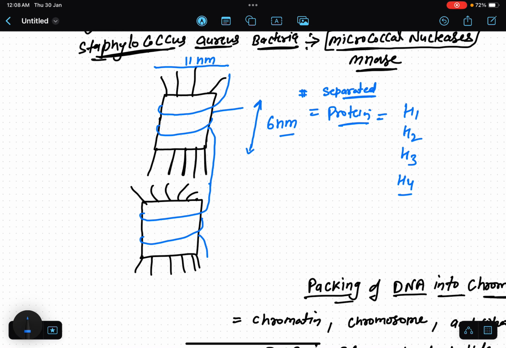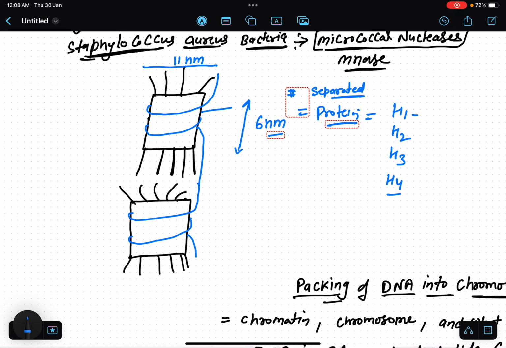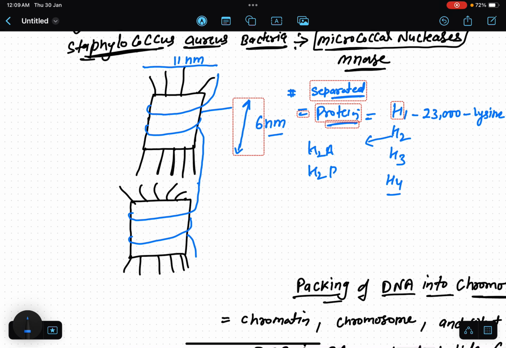H1 is a protein with a molecular weight of 23,000 and rich in lysine. H2 is further of 2 types, H2A and H2B.